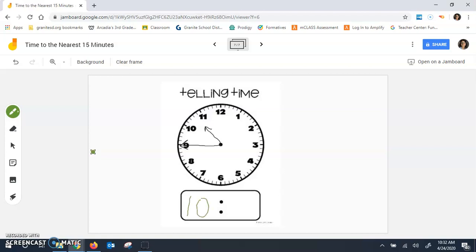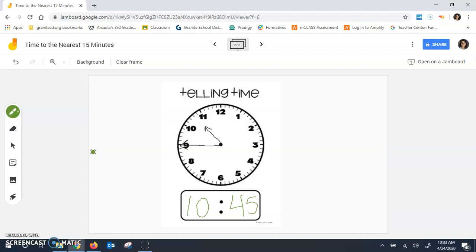And then looking at my minute, I'm on the 9, counting by 5s. 5, 10, 15. We learned where the 3 was. 15, 20, 25, 30. We learned that the 6 was 30 minutes. 35, 40, 45. 10:45 is our time there.